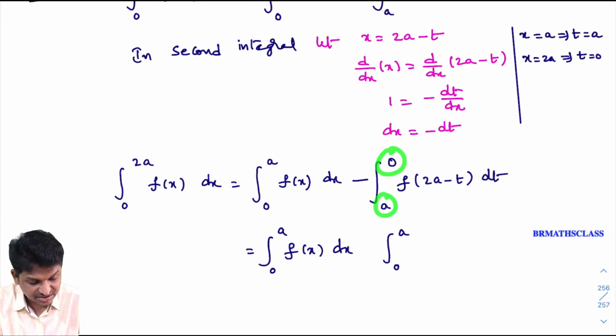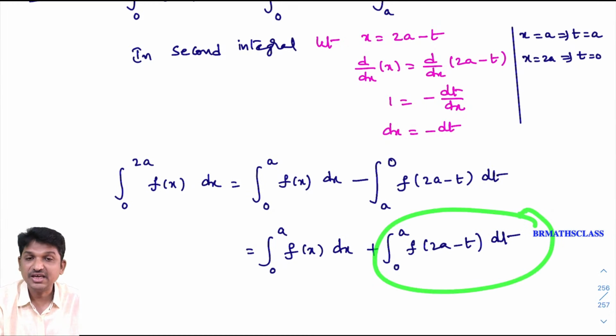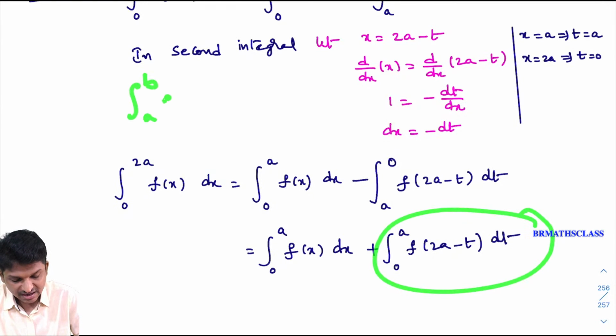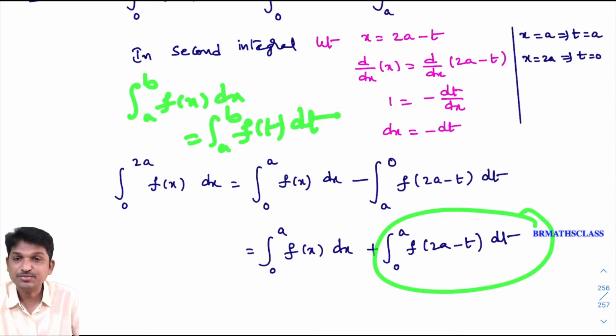This minus will become plus f of 2a minus t dt. You can look here, dummy variable. This is in terms of t. You can write the same thing in terms of x because we learned this property: integral of a to b f of x dx is the same as integral of a to b f of t dt.